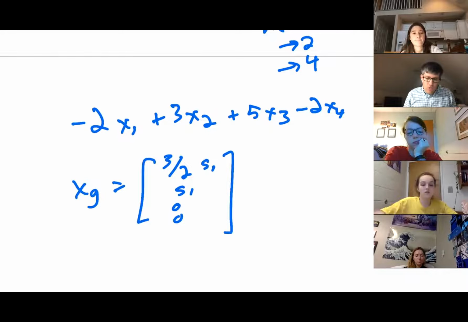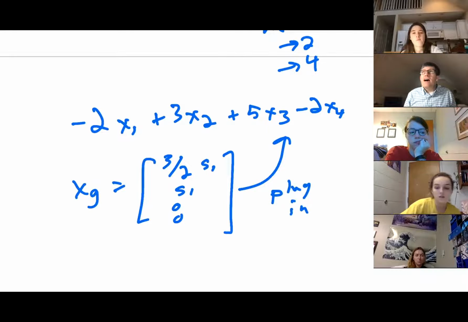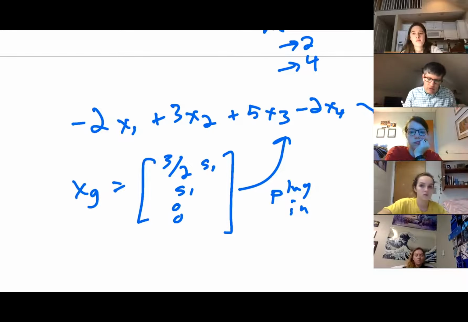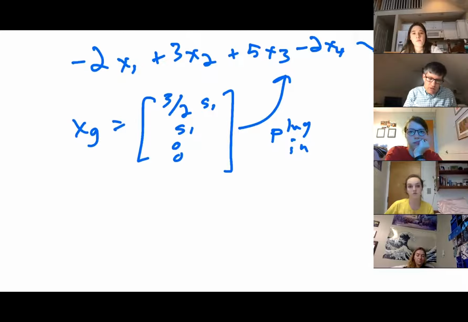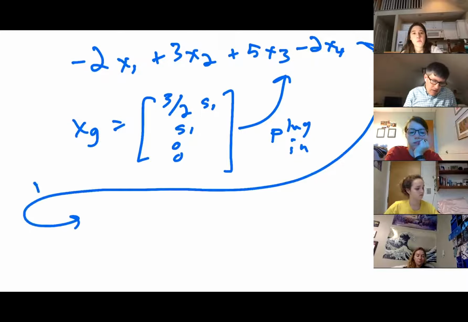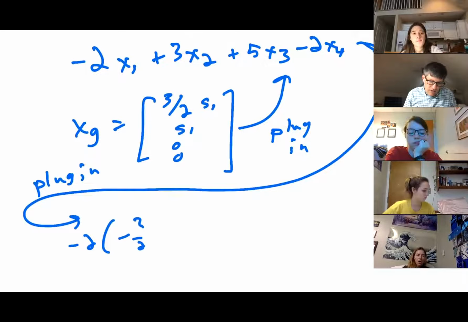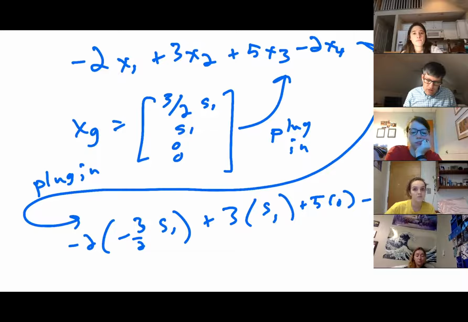I'm going to plug in these values: the top value is X1, the next value is X2, and so on. So I get -2 times -3/2 S1 plus 3 times this value plus 5 times 0 minus 2 times 0. If I plug in those values, what am I going to get?